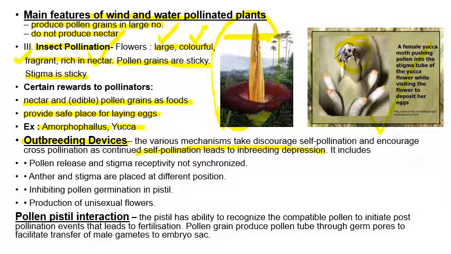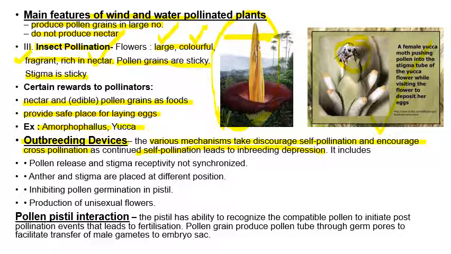So it will be very harmful and it will not be easy for them to adapt to the changes in environment, because every time they have the same genetic combination. So they have to allow cross-pollination for variation and for adaptation. Various plants have mechanisms to discourage self-pollination and to encourage cross-pollination. These methods are called outbreeding devices.